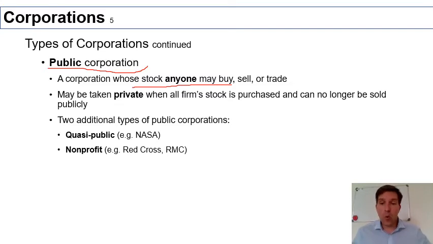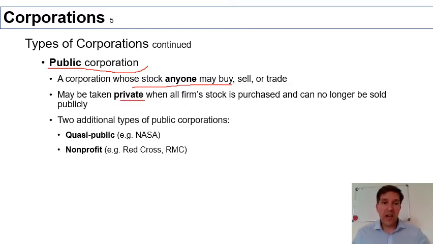And if you want to buy a stock, you can contact your broker, and if it's a public organization, you should be able to buy it at whatever price it's selling at that particular time in the marketplace, right? So the nice thing about this is that this opens up the capital market for you, and that means that if you need more capital, you might be able to get it because you can sell more stock, right? Because everybody could buy it, right?